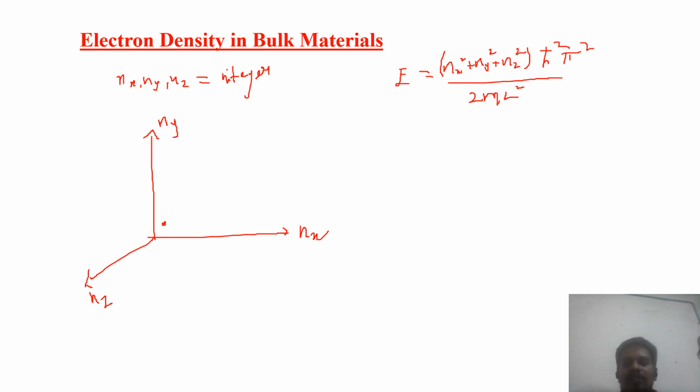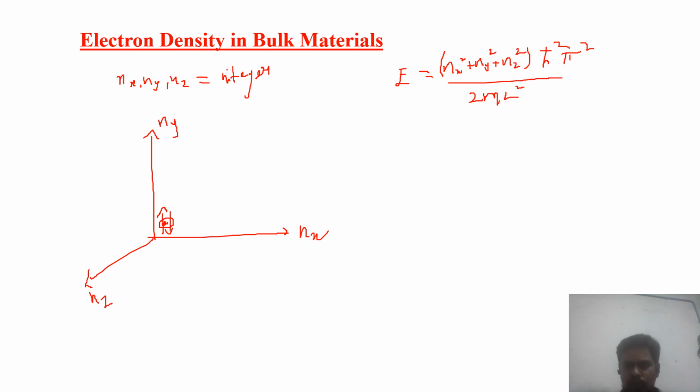But you can ask one question: how many electrons are allowed in that state? According to the Pauli exclusion principle, this energy state is occupied by two electrons, one up-spin electron and one down-spin electron. So now you can assign the next numbers for nx, ny, nz: 112 or 211.